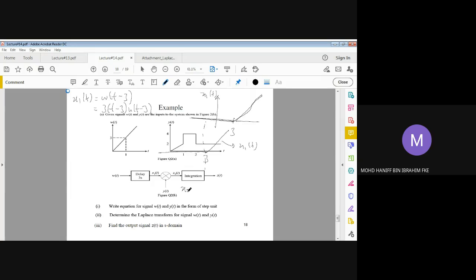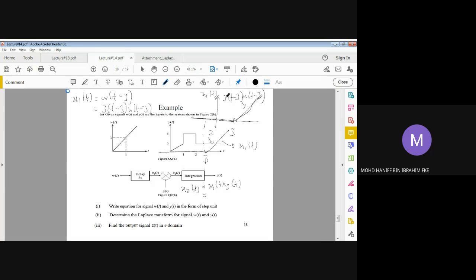the x2(t), which is a multiplication of x1(t) and y(t), I can rewrite here as x1(t) multiplied with y(t). Because this is 3(t-3)u(t-3), while for y(t), for time t bigger than 3, the amplitude is 2.